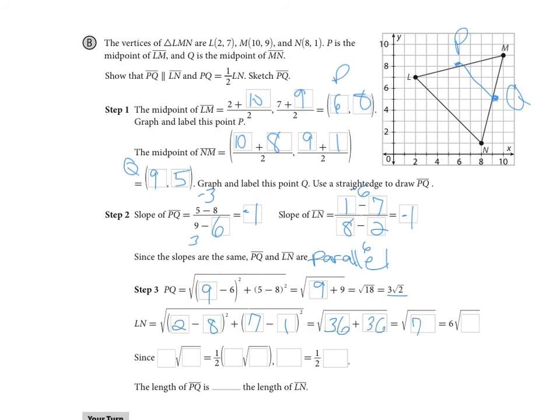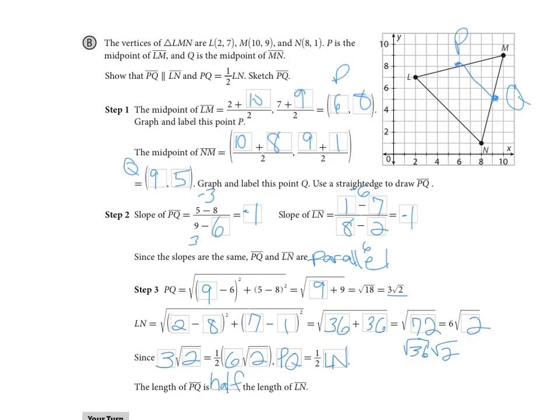So we get the square root of 72, which is the same thing if we broke out the perfect square factor of 36 there, that we get 6 radical 2. So since 3 radical 2 is half of 6 radical 2, then we can say PQ is 1/2 of LN, and the length of PQ is half the length of LN.